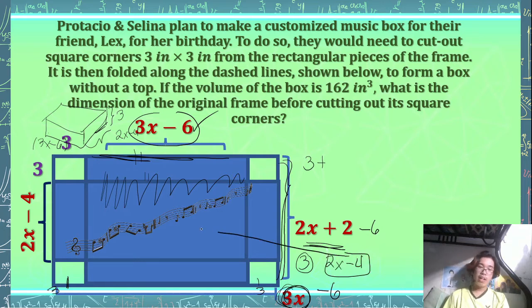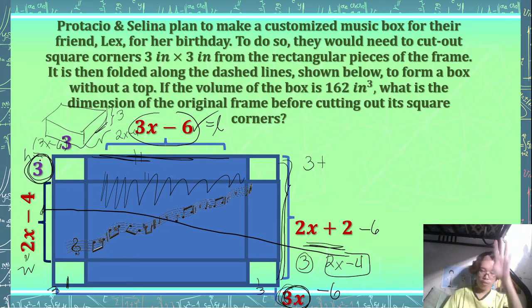That is why the length of this side here is equal to 2x minus 4. Now that we have all of these cleared out, we know that this is the length and this is the width, or they can be interchangeable. And we know that the height of the flattened gift box for Lex's birthday is equal to 3 inches.